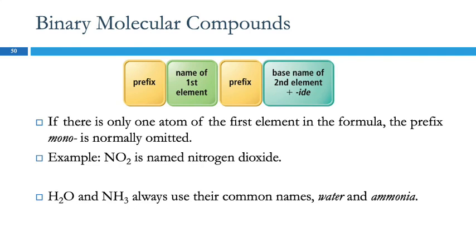There are 2 compounds, molecular compounds, that always use their common names. Water and ammonia. So water is H2O. You just need to know that. And NH3 is ammonia. Could you name these using the system? Sure. Dihydrogen monoxide. And so, you can mess with people.